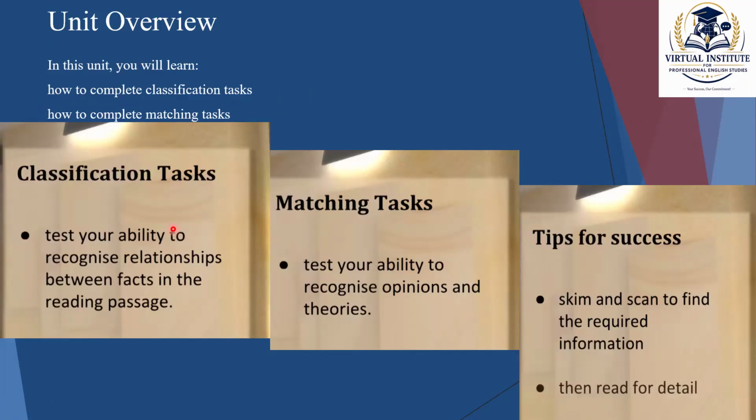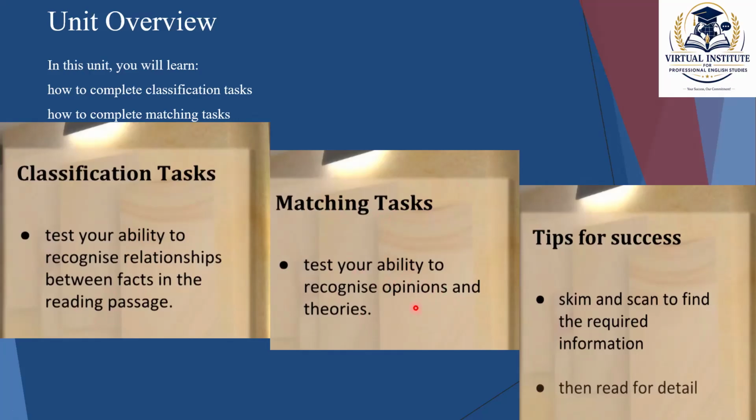So the classification tasks test your ability to recognize relationships between facts in the reading passage. There is a reading passage, and then there are facts, and they are related to each other. So the classification task assesses whether you are able to connect and match one fact with another or not, right? In the matching tasks, it tests your ability to recognize opinions and theories.